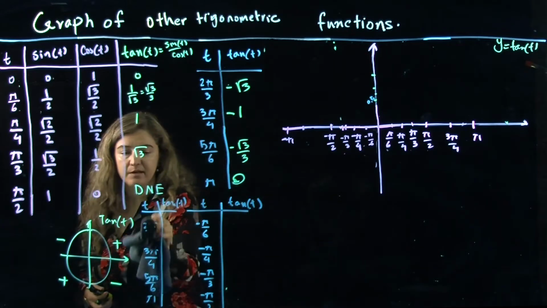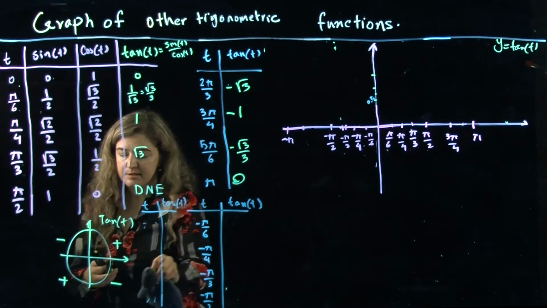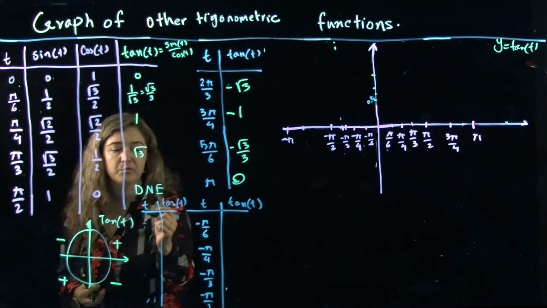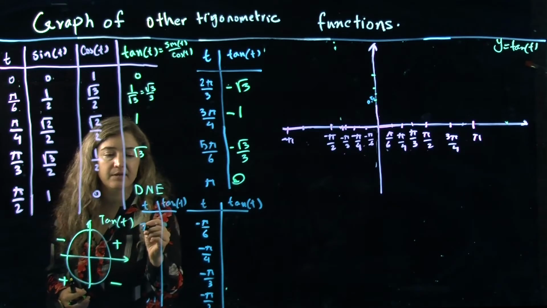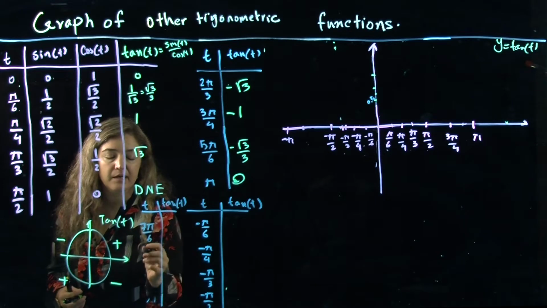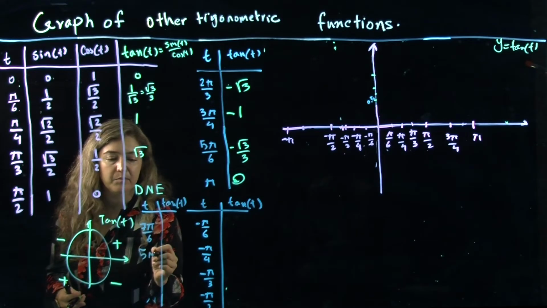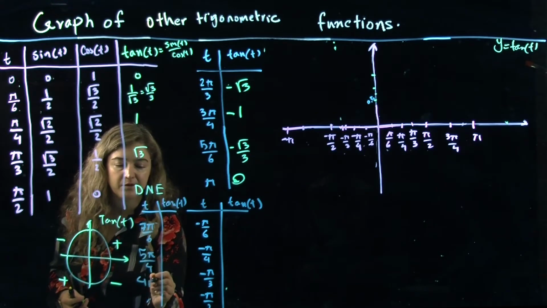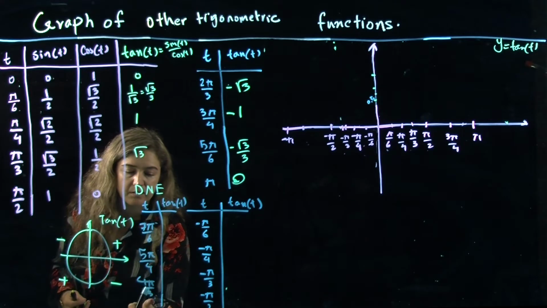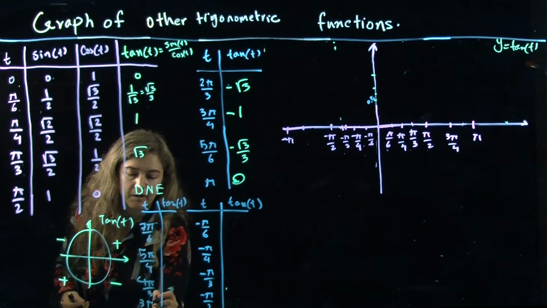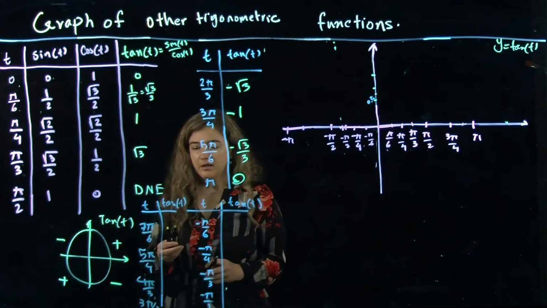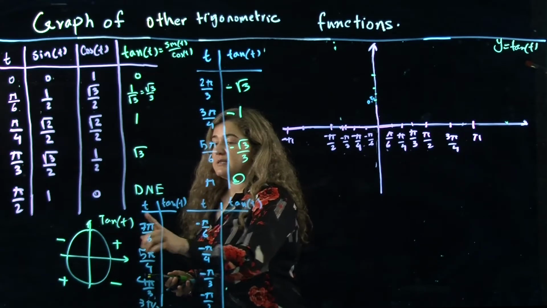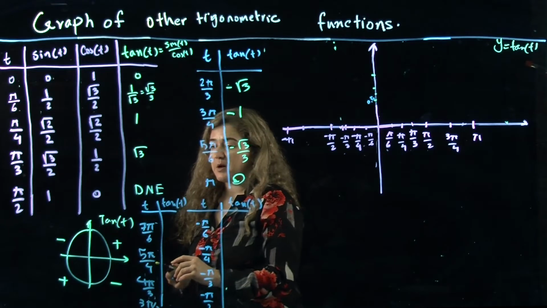Okay. Let's do this for the third quadrant, and in the third quadrant what we have is 7 pi sixth, then 5 pi fourth, then 4 pi third, and 3 pi half. Okay, so 7 pi 6, and in the third quadrant, everything is positive.